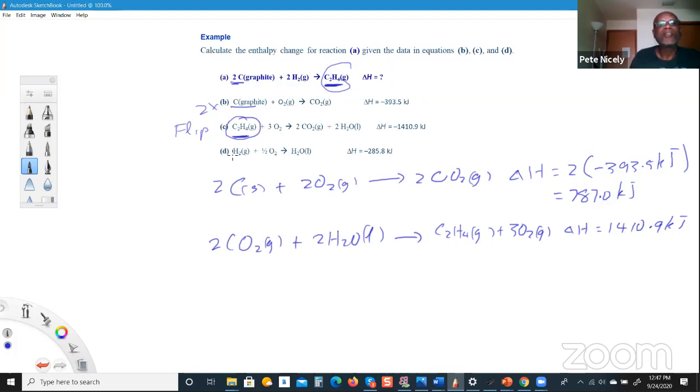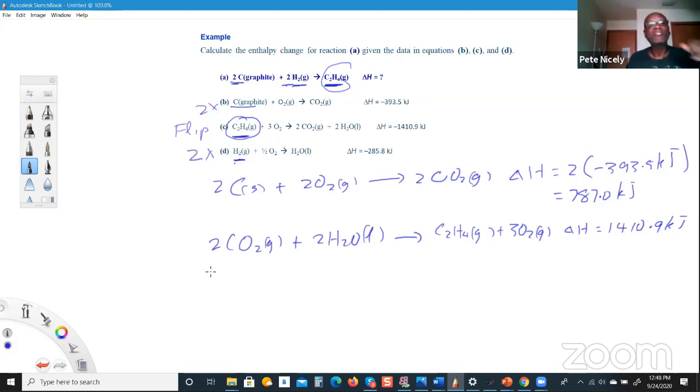Okay, for the last equation down the bottom right here, when you compare this equation to this equation, you have H2 here on the left, but now you have a 2 here. So what I would do, just like I did here, is multiply this equation by 2.